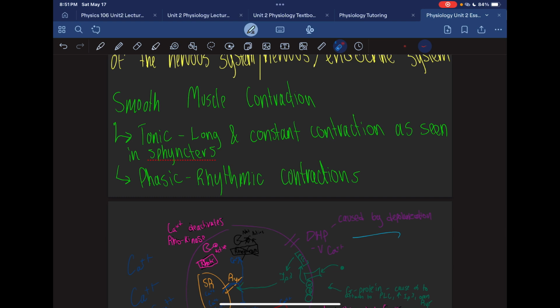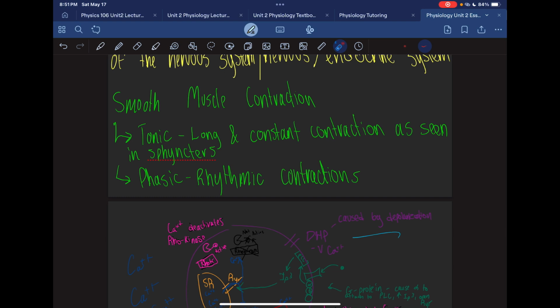Smooth muscle contraction. So we have 2 different types: tonic and phasic. Phasic is more of a rhythmic contraction, which goes in cycles. It's one after another, and it's going to constantly contract throughout our body.